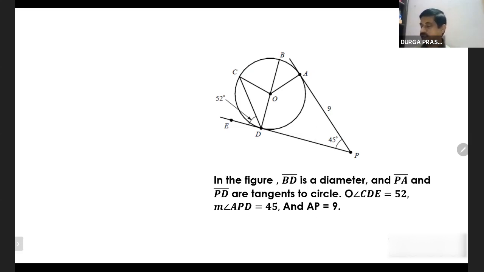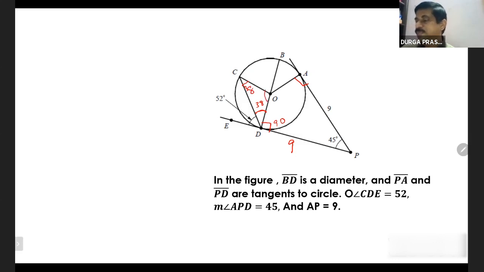Okay, all are given. So if that is 9, this is also 9. So this is 90 degrees. This is also 90 degrees. So now this angle should be 90 minus 52. 90 minus 52 means it is 38. This is also 38.